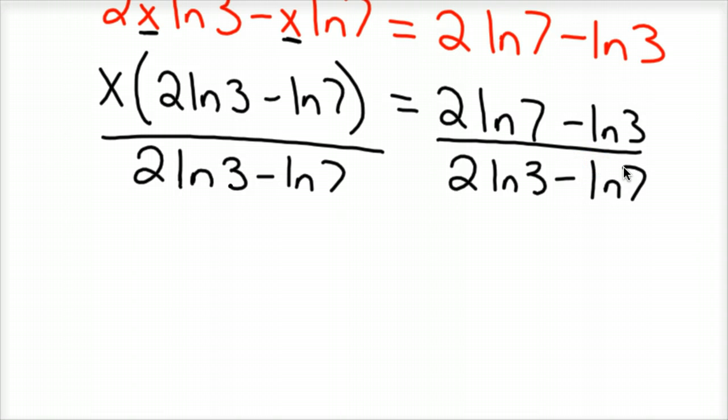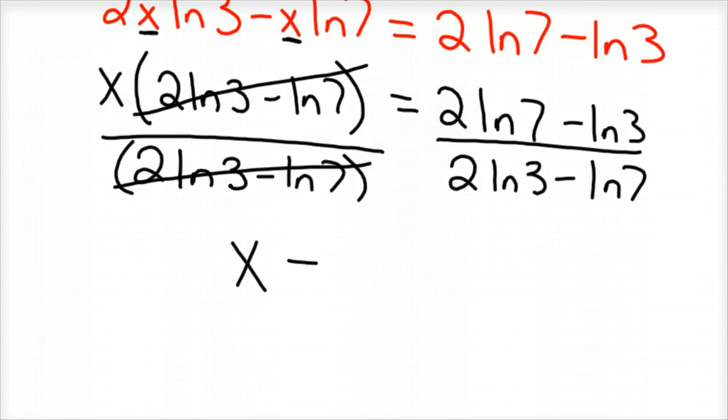And you're going to be really tempted to start crossing things out. The only thing we can cross out are these two, because they're exactly the same. 2 natural log 3 minus natural log 7 over 2 natural log 3 minus natural log 7. That is 1. This over here, you cannot cross out the natural log 3's. You start doing that, bad things are going to happen.